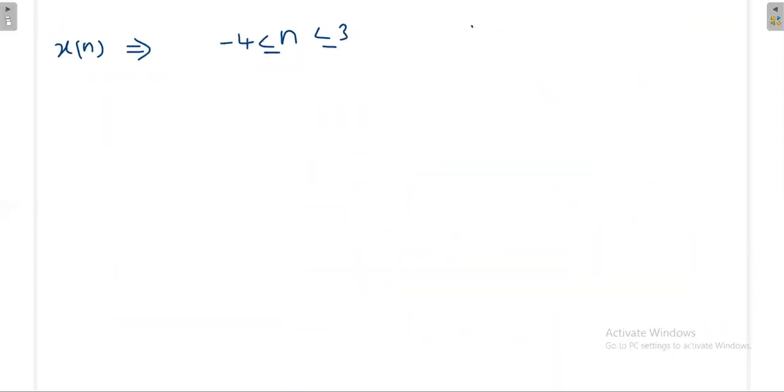Now this signal u of minus n plus 3 is having time index in between minus infinity to plus 3. If you compare, this is from minus 4 to 3, and this is from minus infinity to 3, and this will provide all equal value 1.